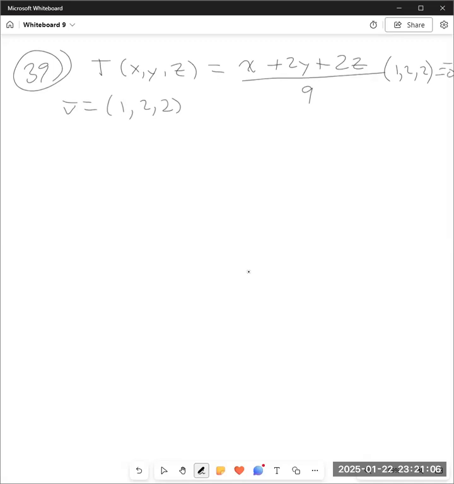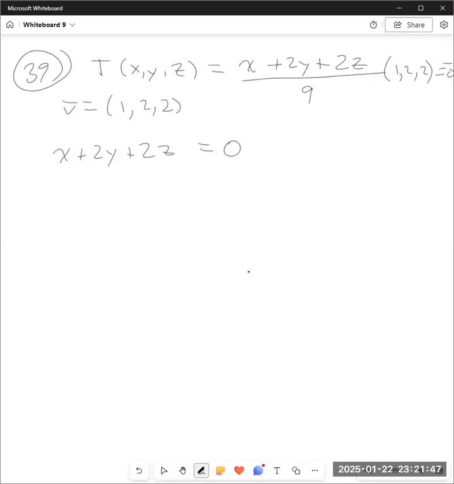This needs to be equal to the 0 vector, which in 3 dimensions is going to be (0, 0, 0). So this part here with the x, y, z is the part that's going to give me zeros. So x plus 2y plus 2z has to be equal to 0. For me to get the 0 vector, I have to be multiplying this vector by 0. And the only way I get 0 is from this numerator.